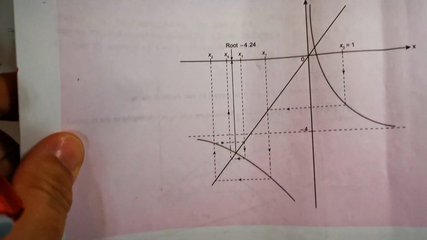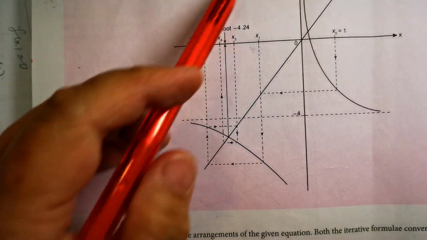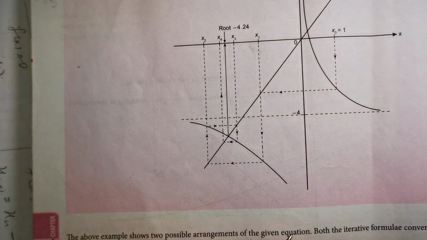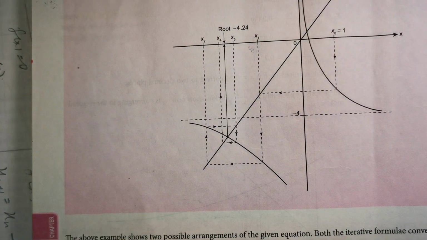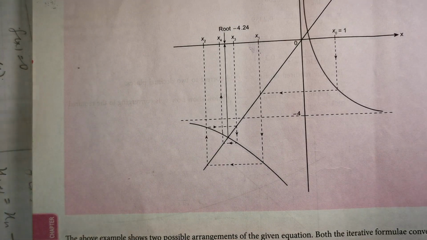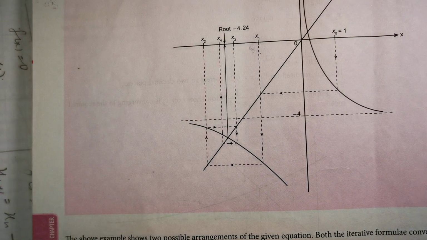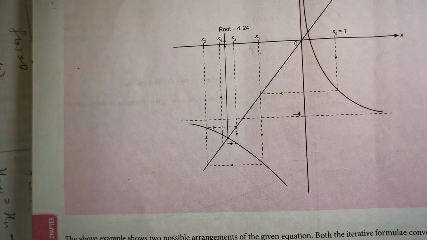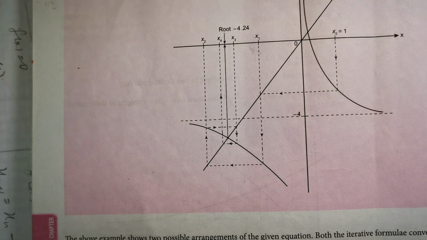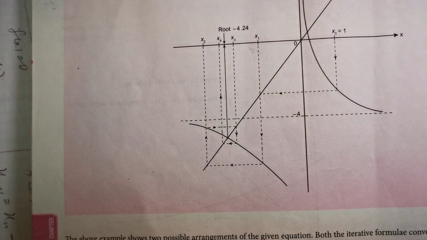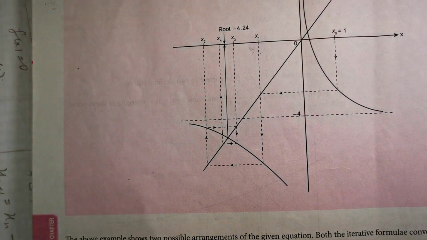You see in the textbook, they show you the actual graph. It's supposed to have 2 roots. So why do we have different ways to arrange it into x equals g(x)? Because the equation has more than 1 root. So different arrangements give us different roots. Sometimes they won't ask you to find all the roots, sometimes they just want you to find one of the roots. So you have to choose which one is going to give you the actual answer.